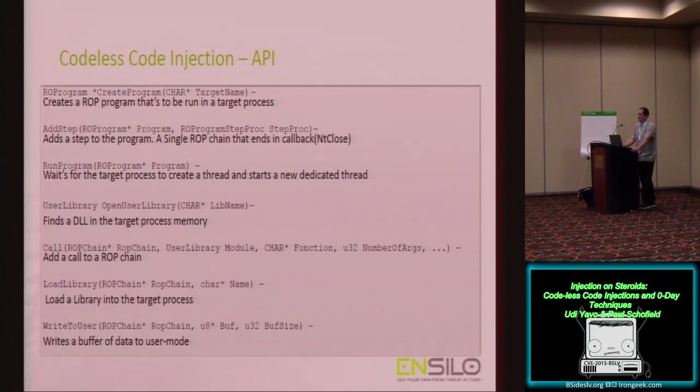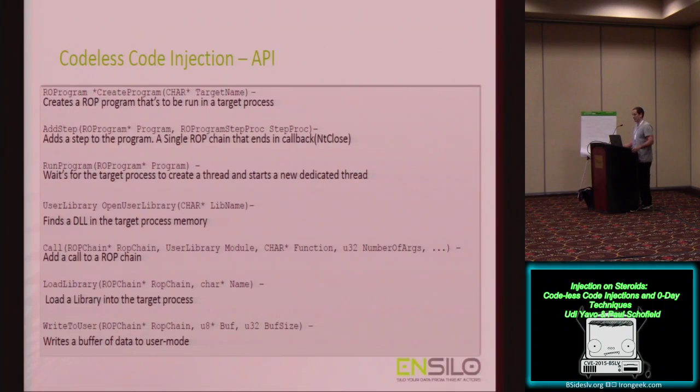We didn't have time to do it, but it is possible. So the first API is create program. You just tell it where you want this program to run, for example, Internet Explorer. Then you add steps to the program. For example, open socket, read socket, things like that.